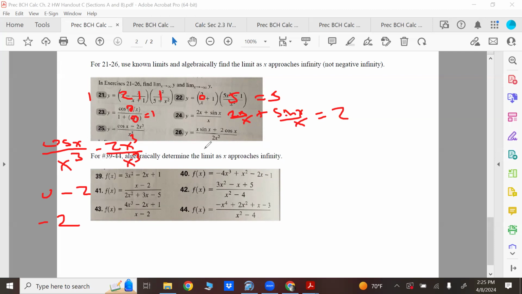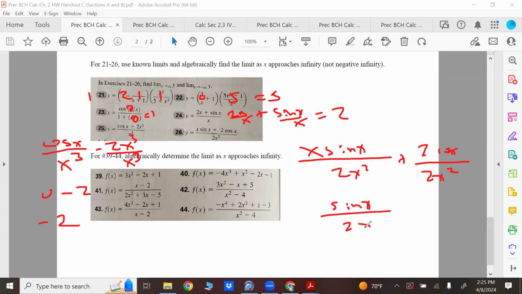And for 26, you have x sine x. Notice I'm breaking it up, just being creative with my fractions. That's sine x over x, which is still 0, so you just get 0 for that one.